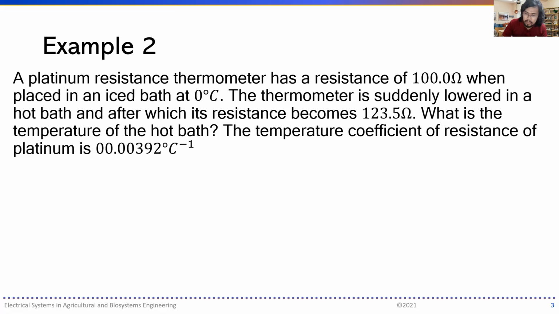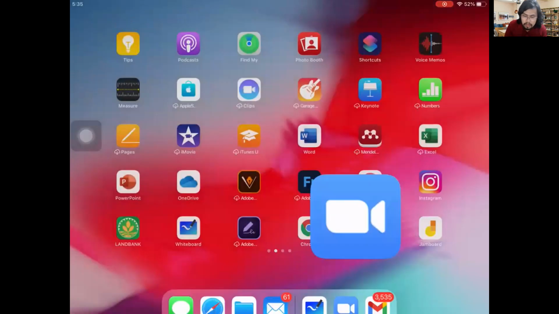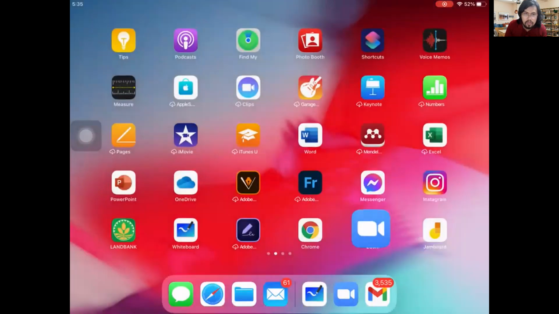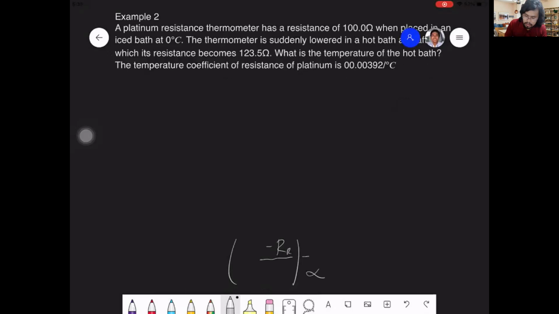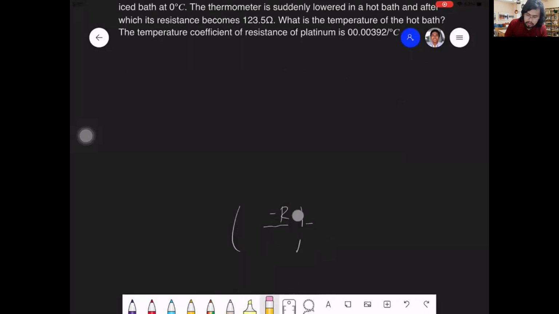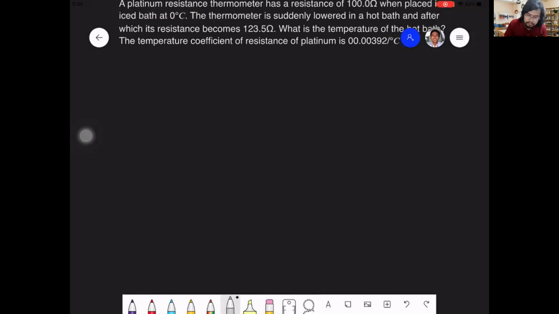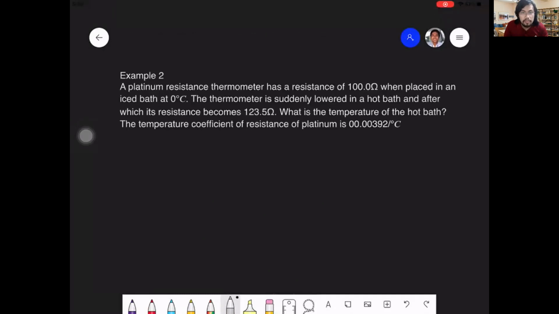So let's try to write out the equations. We have the problem as shown.